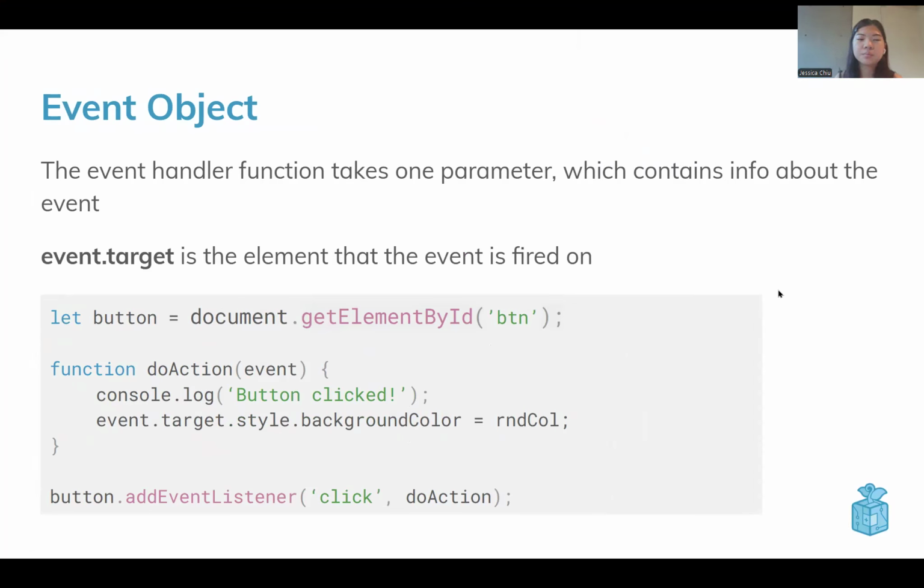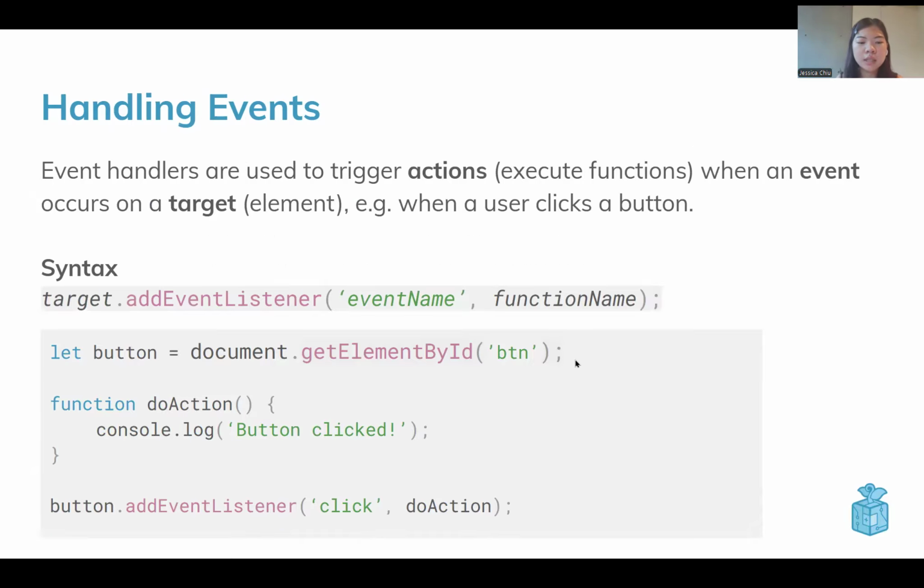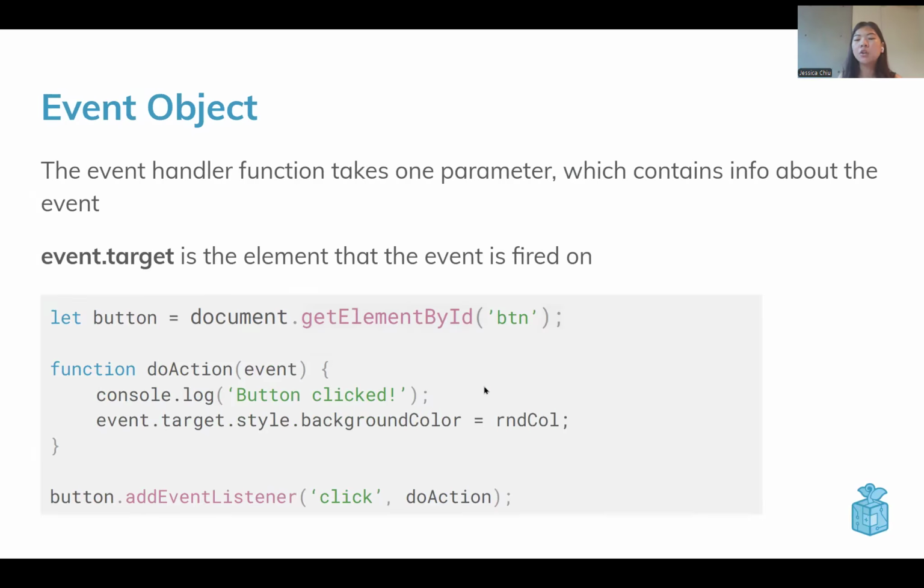Okay, so the event object. You are allowed to give event handler functions one parameter. So if you remember, you can see here our function doAction had no parameter. You're allowed to have up to one, okay? The only parameter you're allowed to have is our event object, which gives you info about the event.